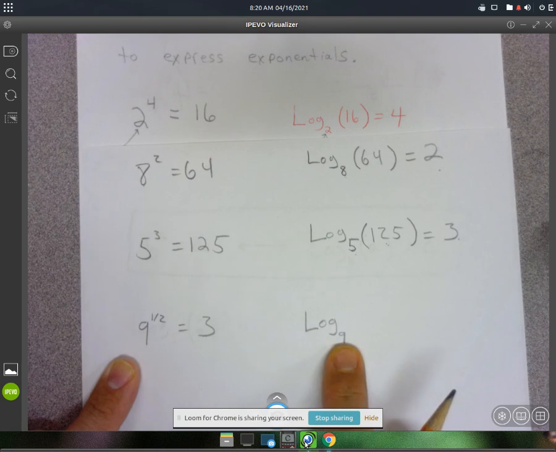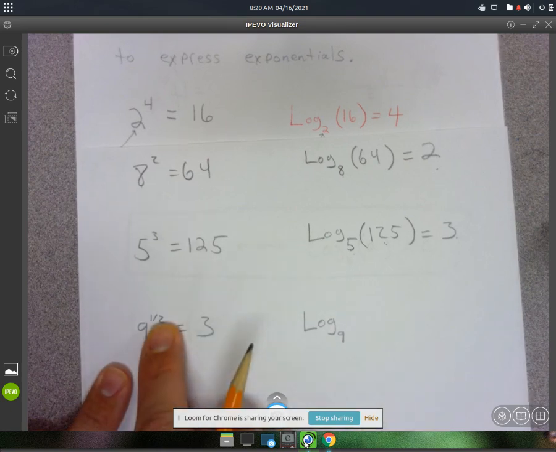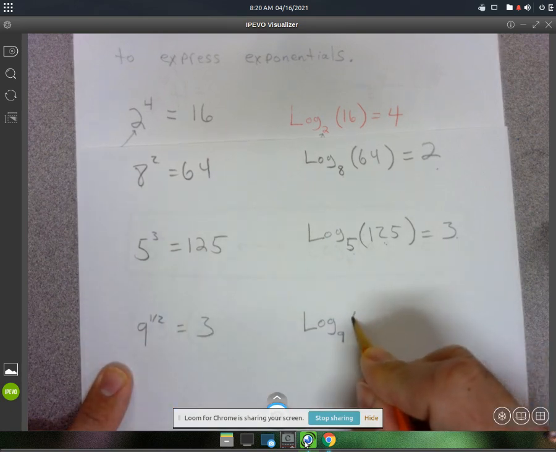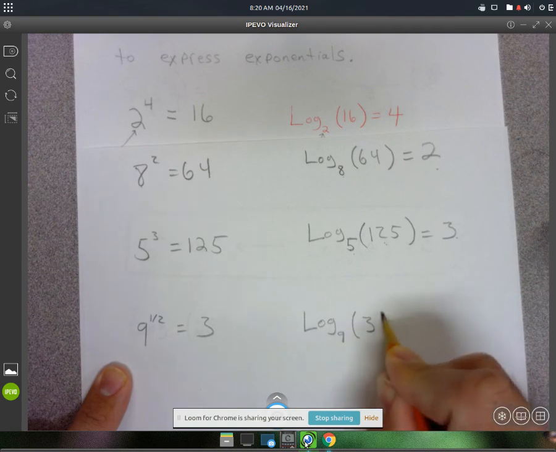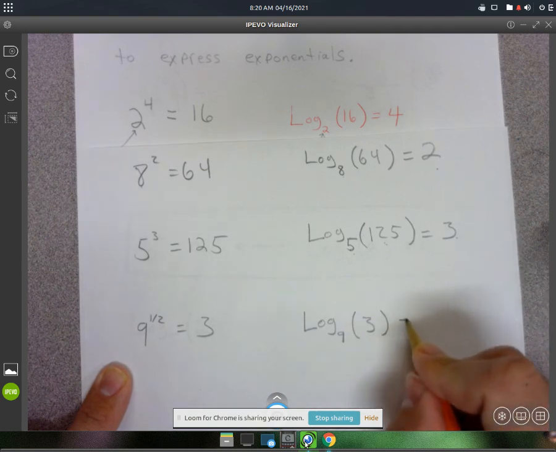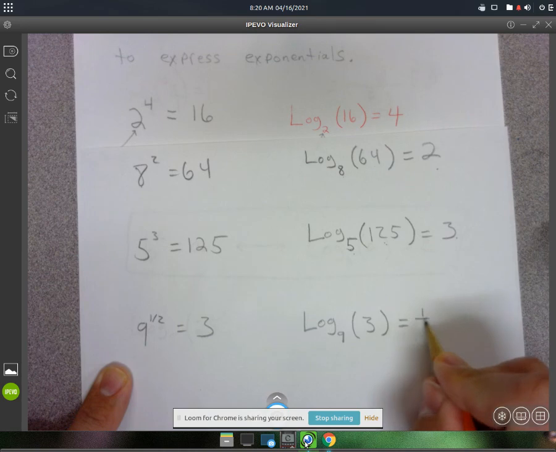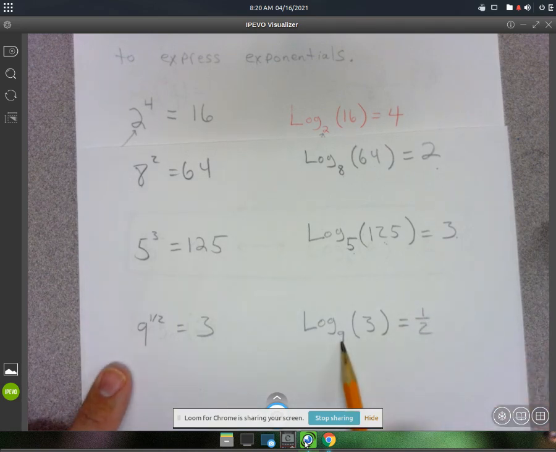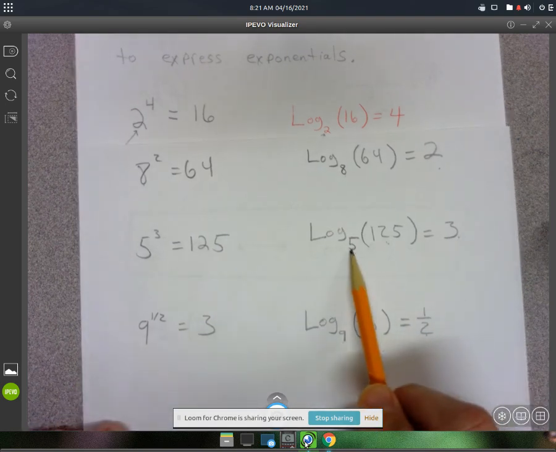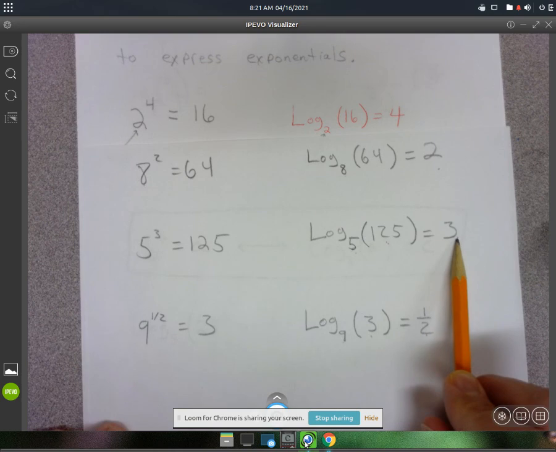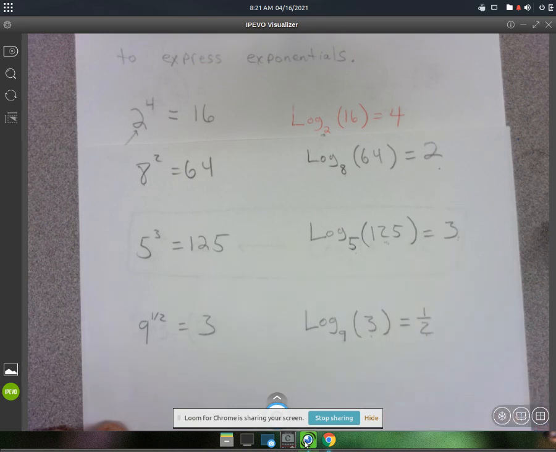So I'm saying 9 to what power is going to give me 3? And the answer to that is 1/2. So 9 to this power is going to equal 3. 5 to the third power is going to equal 125.